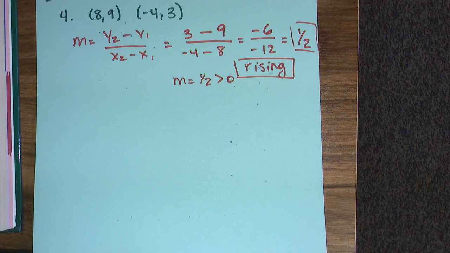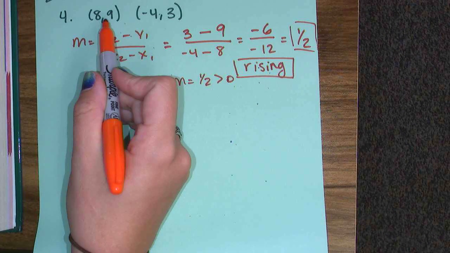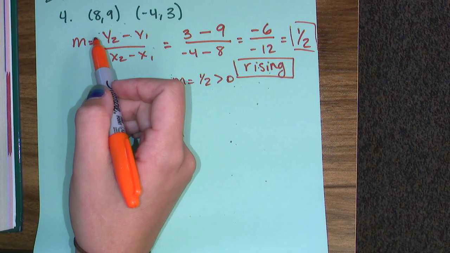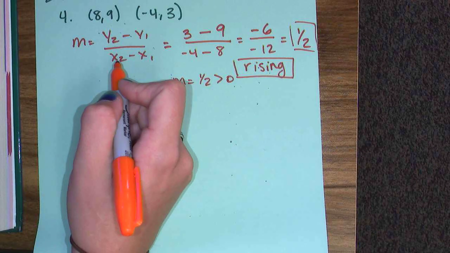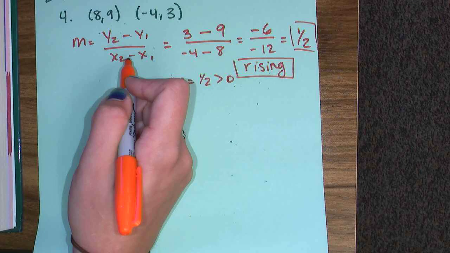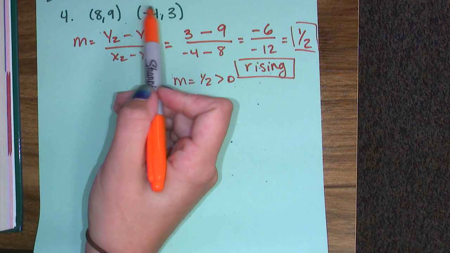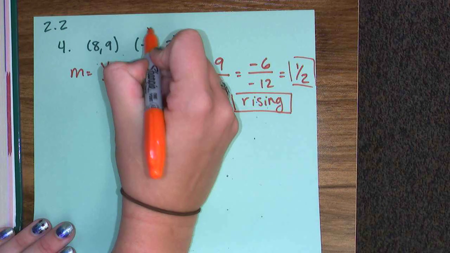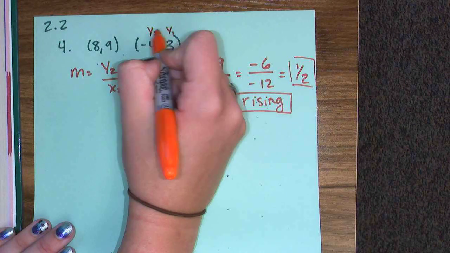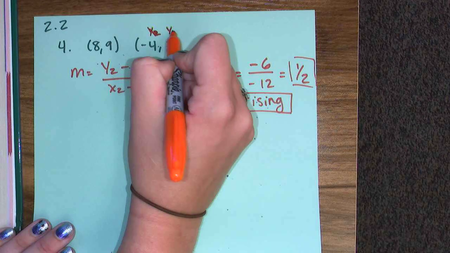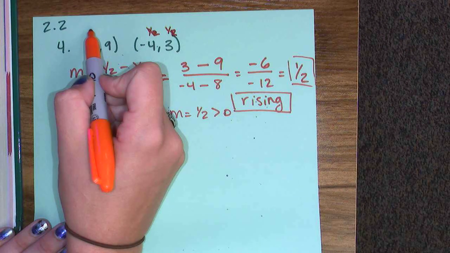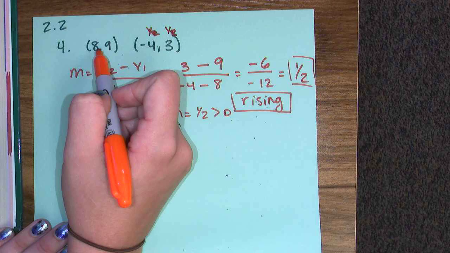You have a question? Like if I had chosen this to be my first point? Yeah, so then it would just be 8 minus a -4 or 8 plus 4. You just have to make sure, like, if you use this as your x2 and your y2, that then you don't flip these.